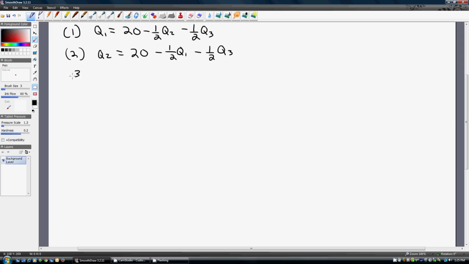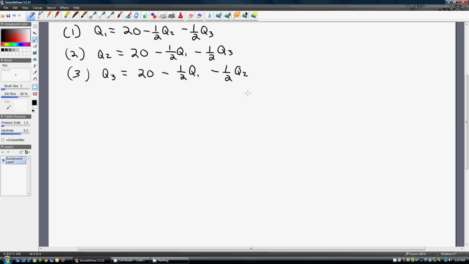And finally, equation 3 is firm 3's reaction function. And you'll notice that these are all basically a mirror image of one another. And so now we want to solve this system.